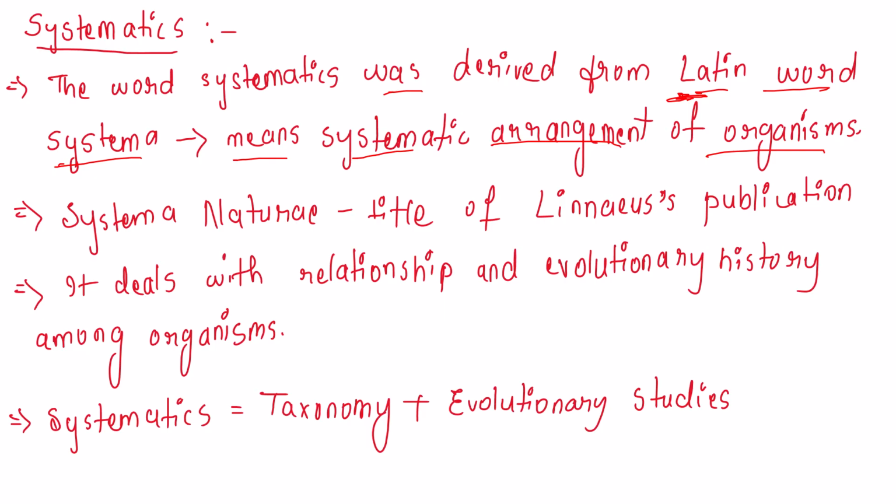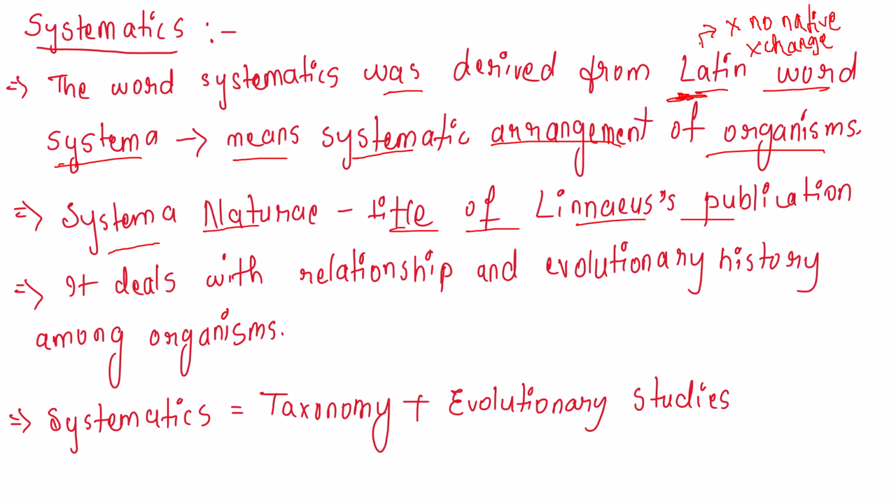Basically, nobody speaks this language anymore or uses it as their native language. As a result, there is no scope of any change in the near future, so it is used. Systema Naturae was the title of Linnaeus' book.